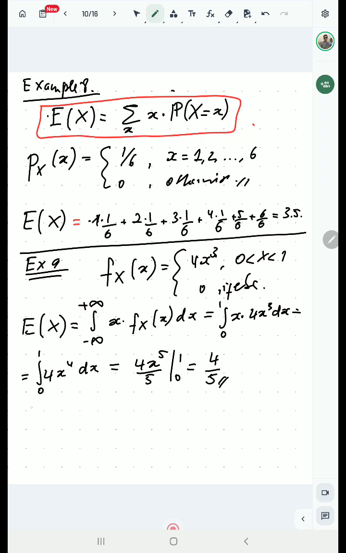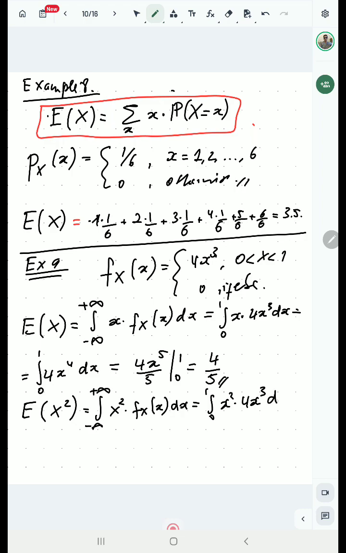That is the solution. Now, if I want to find the expectation of another function, expectation of x squared, I do the same thing. That is basically the integral from minus infinity to positive infinity of x squared times f of x dx. Now, I know that f of x is 0 everywhere except for the 0, 1 interval. So I just integrate between 0 and 1 x squared times 4 times x cubed dx.